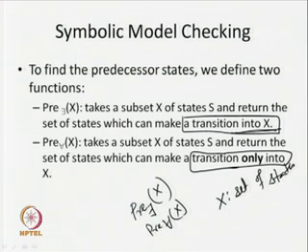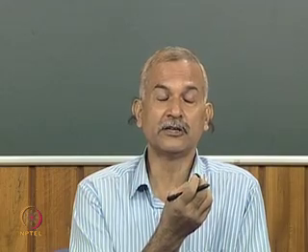That means if I give a subset x, we find the predecessor states of x where at least one transition comes to it. But when we talk about pre for all x, we consider those states which make transitions to this subset x only. That means all transitions should go to x; it should not go elsewhere.